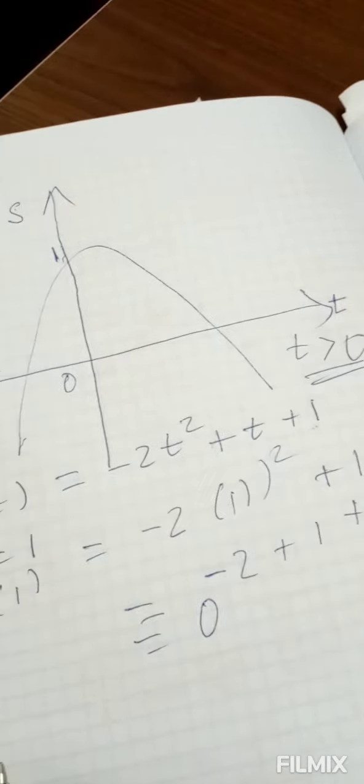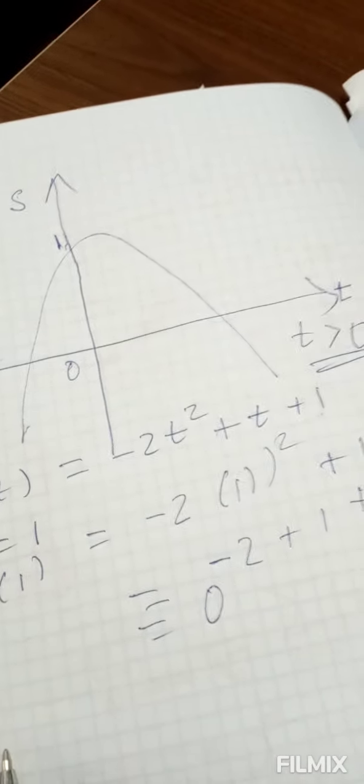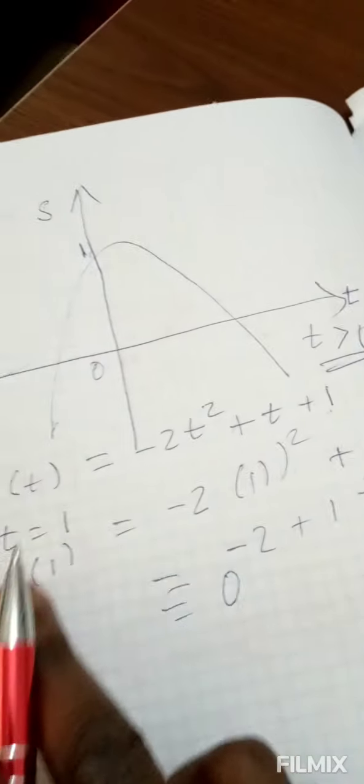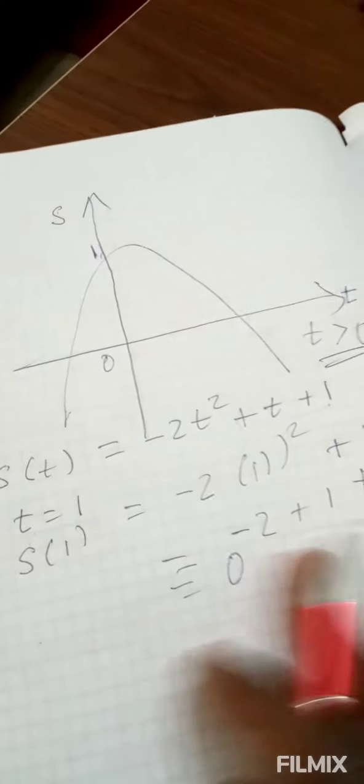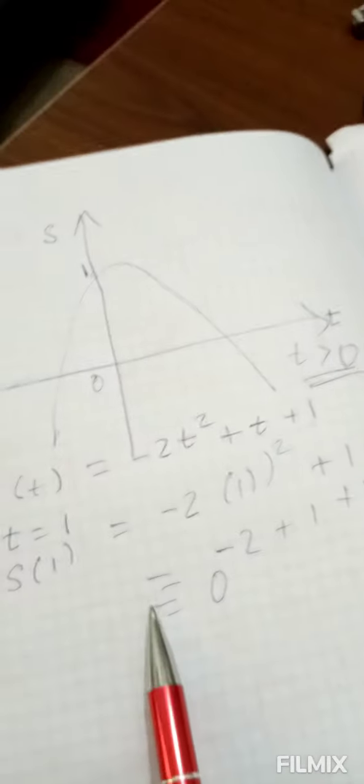So at time equal to 1, there is no distance traveled. Time is greater than 0, but when time is 1, the distance will be 0, because according to this equation, the distance of the particle will be 0 when time is 1 second.